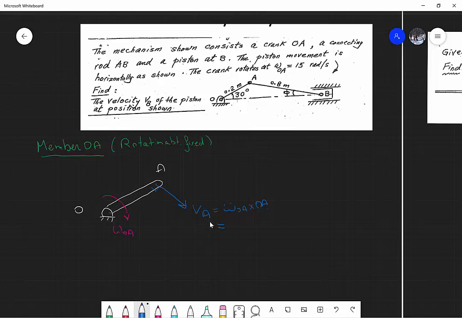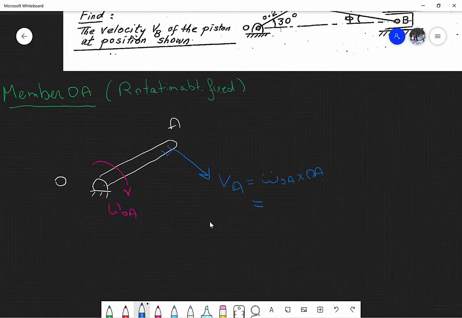Omega OA equals 15 times OA, which is 0.2. Therefore the velocity of A, VA, equals 3 meter per second.